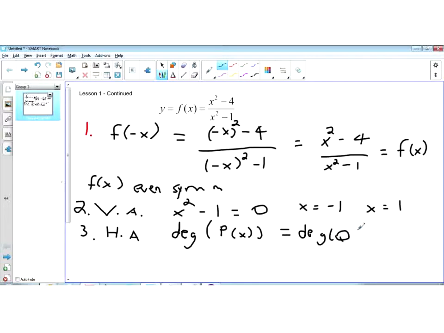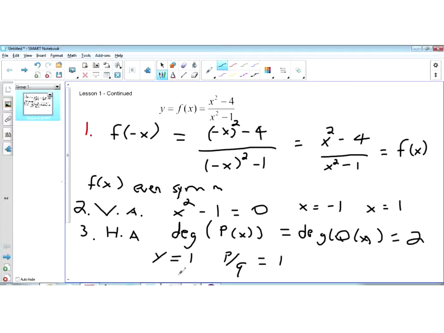So that is the signal that we have a horizontal asymptote. And what is that? Well, since the degrees are equal, by rule, the line y equals 1 is a horizontal asymptote, and it's found by taking the ratio of the leading coefficient of the numerator divided by the leading coefficient of the denominator, which is 1.